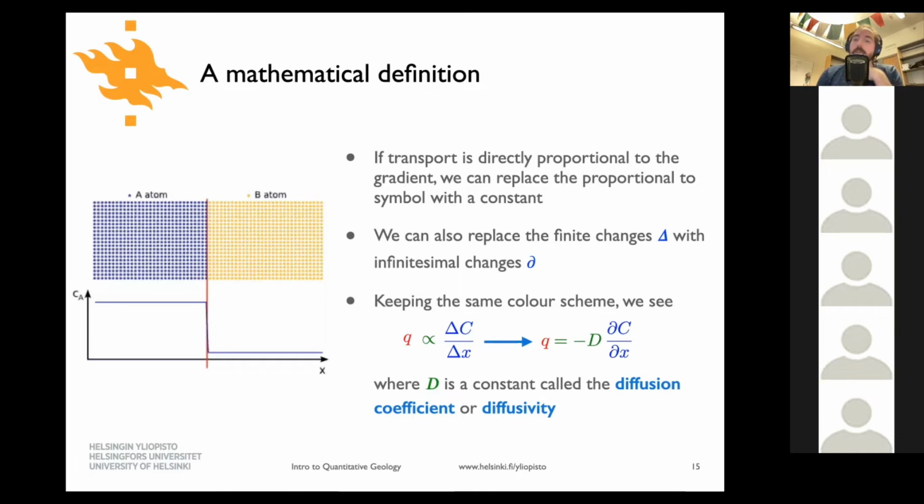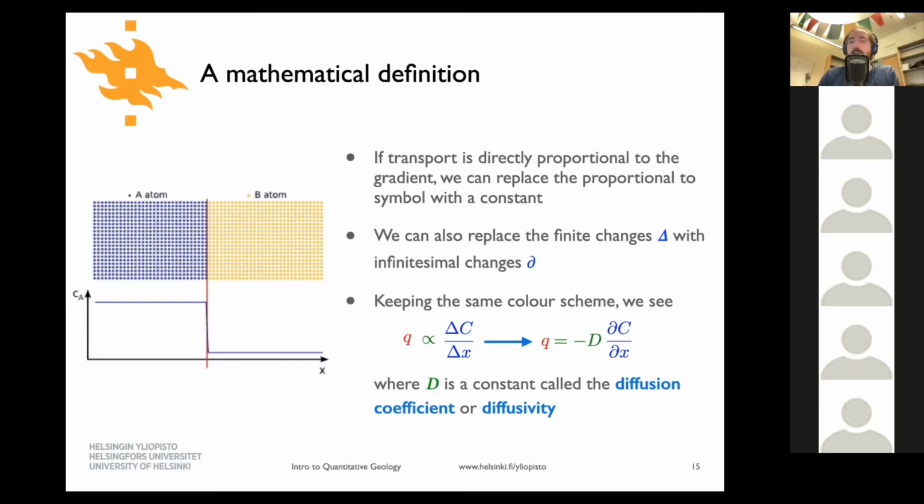And you can see that the capital deltas have been replaced by these lowercase deltas, the partial differential operator. So essentially that's just something that says, okay, let's go from some finite difference, delta C, so like C2 minus C1, and just make that a sort of infinitesimally small difference.